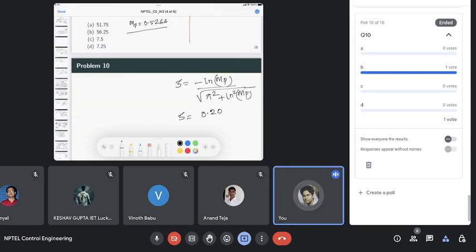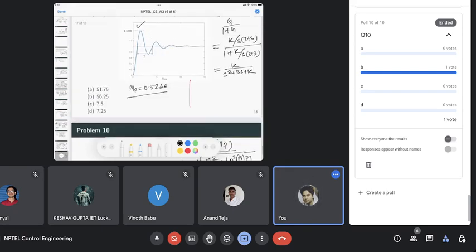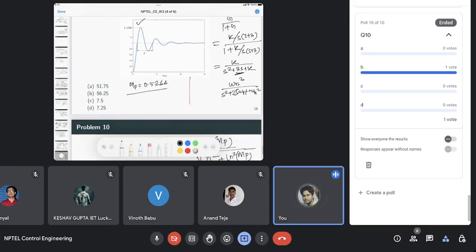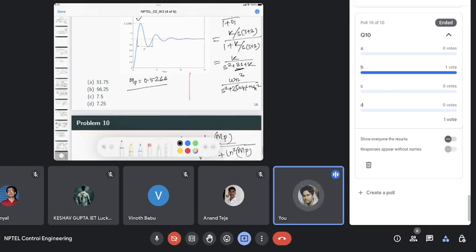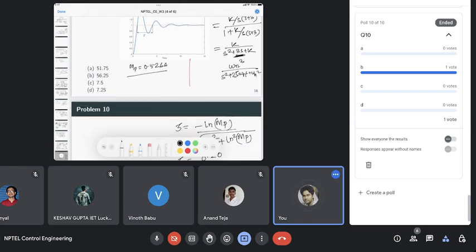So once we have the zeta value, in the standard form it will be omega n square by s square plus 2 zeta omega n s plus omega n square, right. So we can find omega n from this term. So we have 2 zeta omega n equal to 3, right. Just compare the coefficient of s.